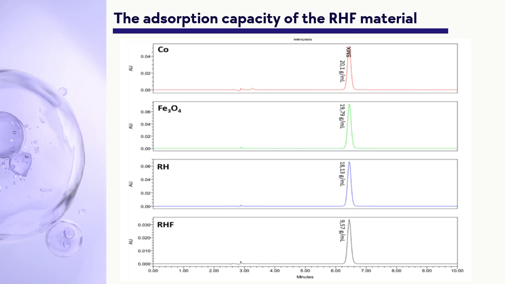The results show that the sulfamethoxazole absorption capacity of the material is significantly higher than that of rice husk and nano iron oxide. The material exhibits the highest absorption efficiency of 52.39%, which is 43% and 55% higher compared to the rice husk and nano iron oxide, respectively.